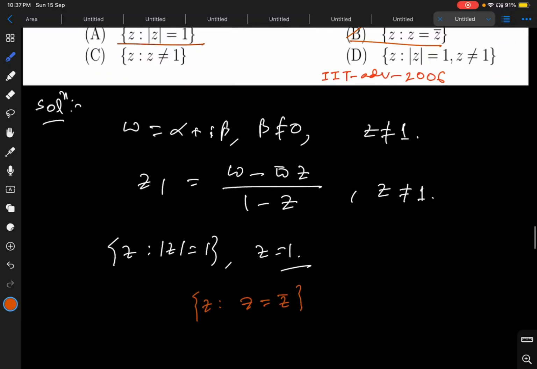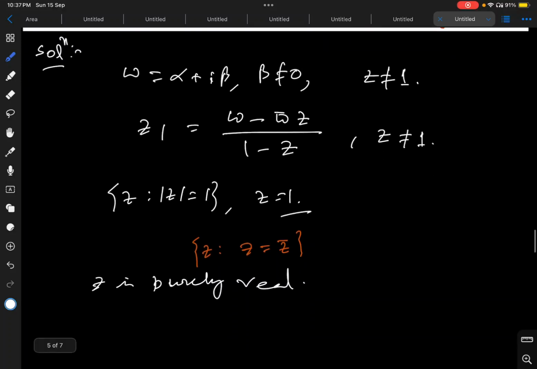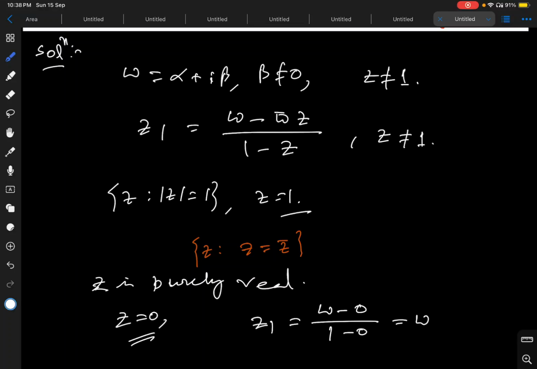So students, clearly we can say that z is purely real, because z is equal to z bar. So we can assume z is equal to 0, then z1 becomes omega minus omega bar times 0 by 1 minus 0, that is omega.